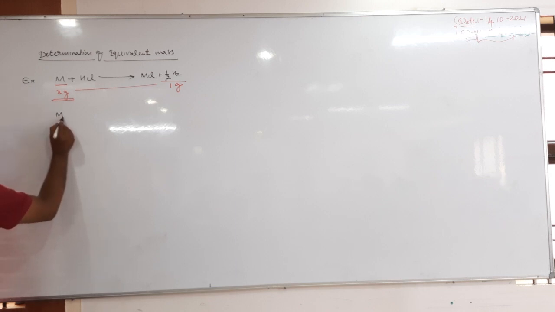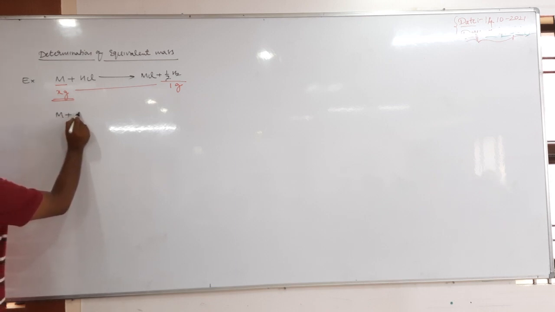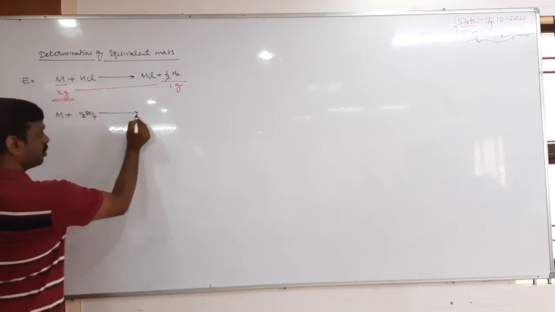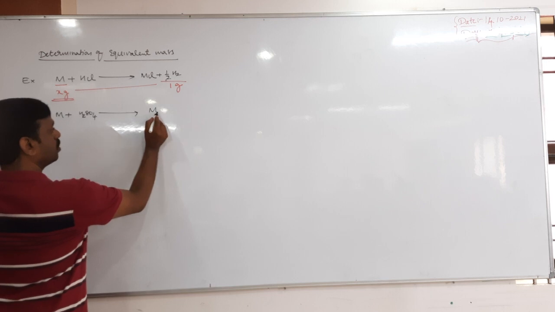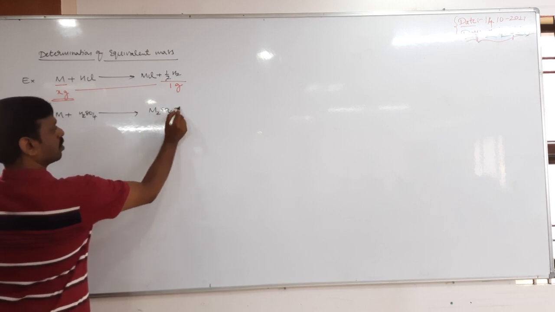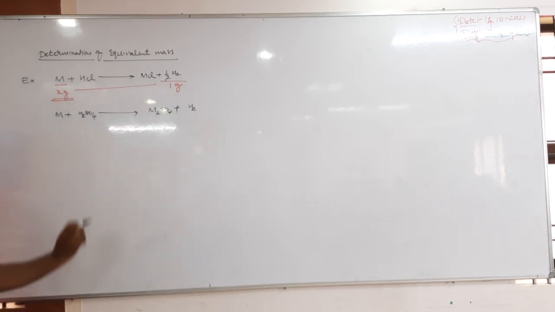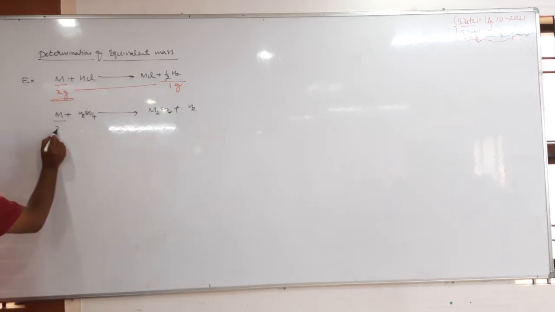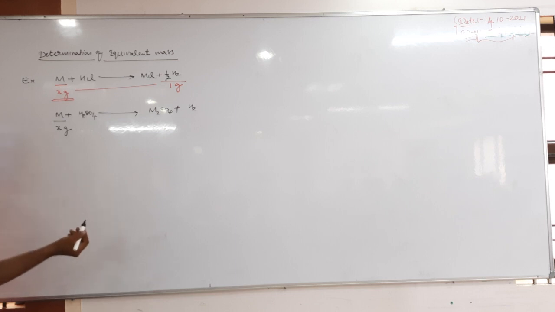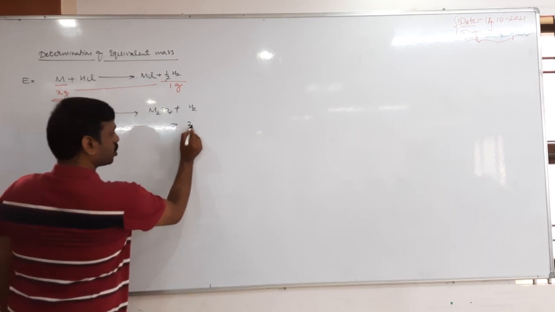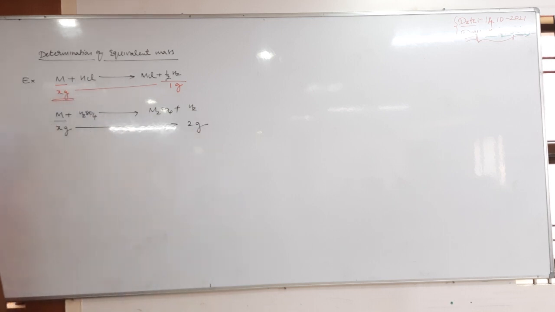Similarly, one more example. A metal M reacts with dilute H2SO4, sulfuric acid, which forms M2SO4 plus H2 gas. Now let us take the mass of the metal as x gram. The mass of the metal x gram is liberating how many grams of hydrogen? 2 grams of hydrogen. That means 2x grams of metal liberates 2 grams of hydrogen.